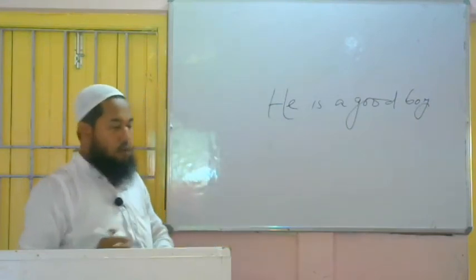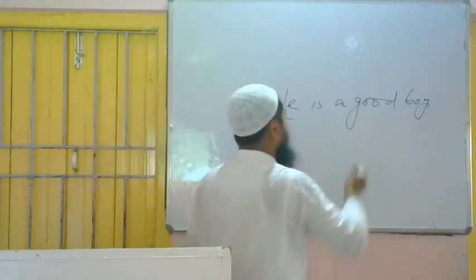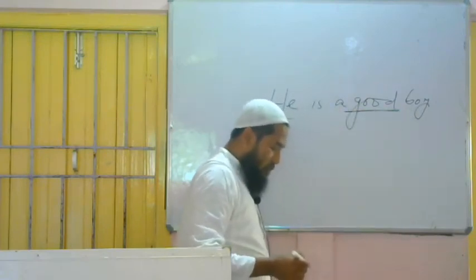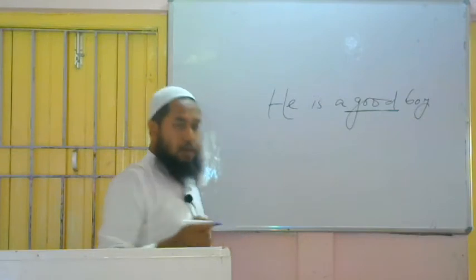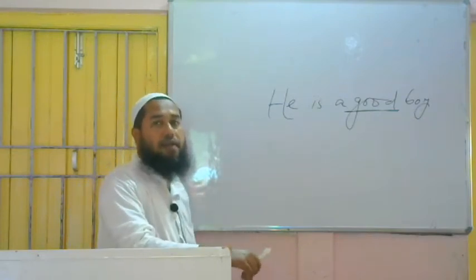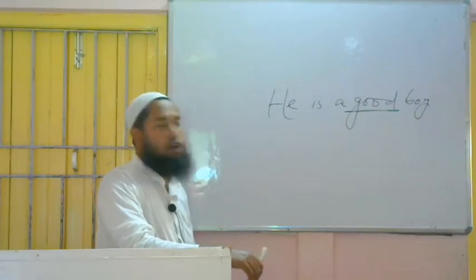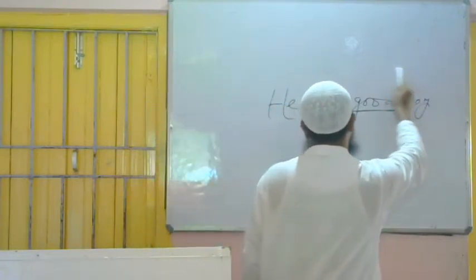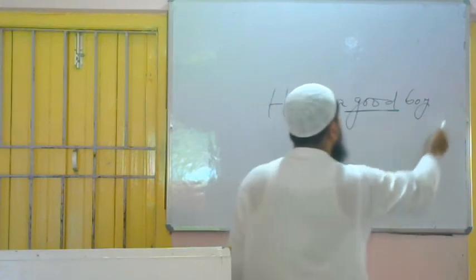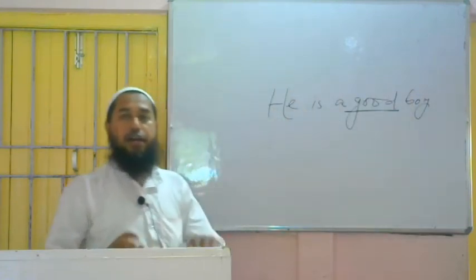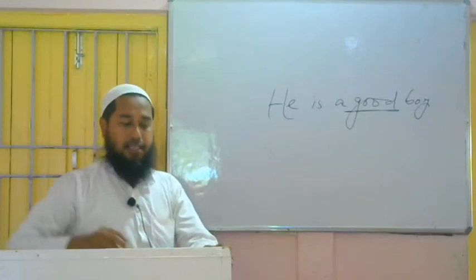Positive degree, because the adjective good is there and it is the positive form of the adjective. Now if I tell you to change the sentence into comparative or superlative, we cannot, because here there is no other boy or person or thing to compare with him. That's why we cannot change the degree of this particular sentence.